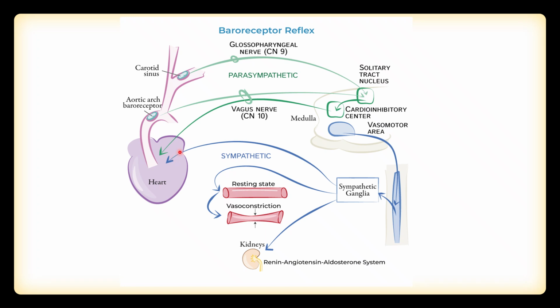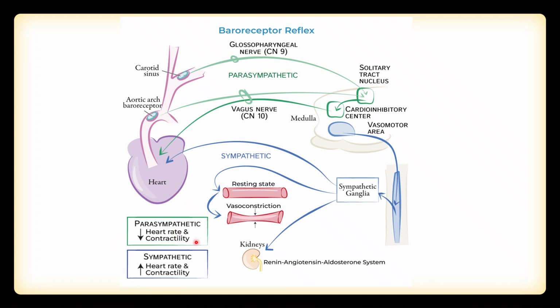It is very clear from this that parasympathetic activity decreases the heart rate and contractility, and sympathetic activity increases heart rate and contractility. So the baroreceptor reflex has two domains, parasympathetic and sympathetic. Through parasympathetic, it decreases the heart rate, and through sympathetic, it increases the heart rate.